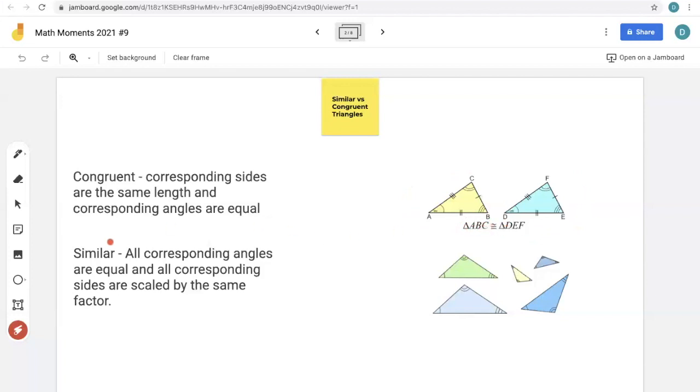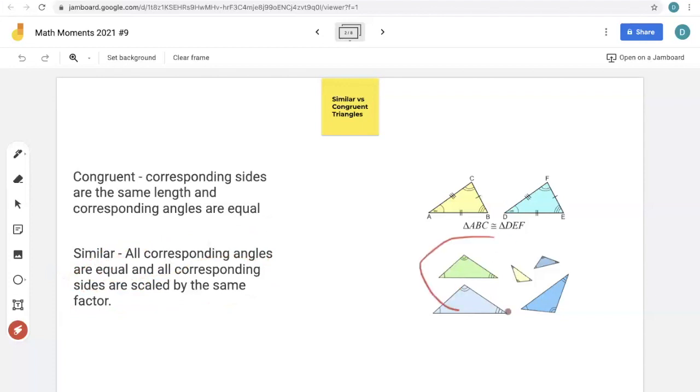Now, similar triangles are triangles that have all corresponding angles equal, but the corresponding sides are scaled by the same factor. Now, this second part of the statement, the scaled sides, is guaranteed with the corresponding angles being congruent. So let's take a look at some similar triangles here.